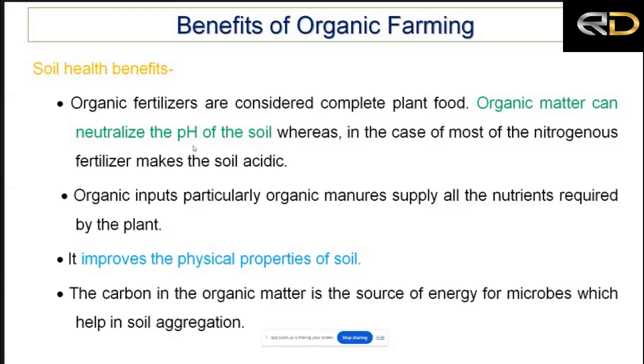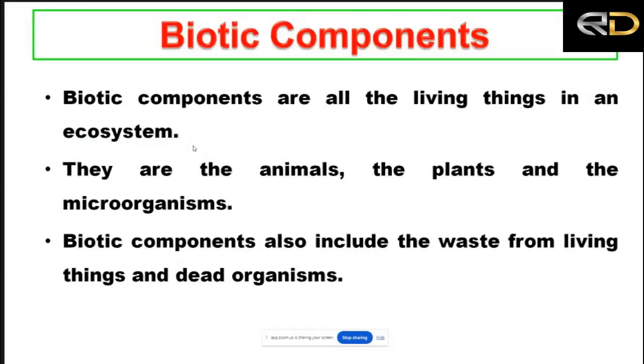Organic farming, where we will not be using any kind of synthetic products. So that is why the topic that we have is the biotic component. The biotic component, by the term, you all must be knowing, is talking about all the living things in an ecosystem. They may be animals, plants, microorganisms, macroorganisms.